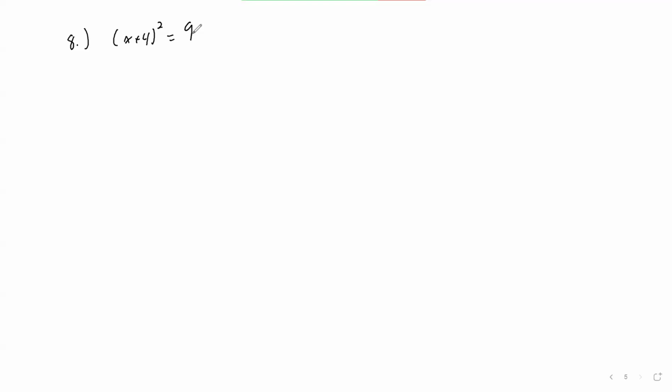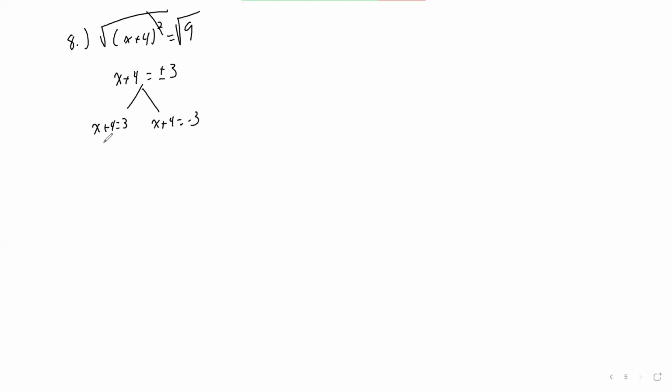So what we're going to do here is I want to get rid of that square. So I want to take the square root of both sides. When I do that, again, the square and the square root cancel. I'm left with x plus 4. Remember, we're going to do plus or minus. That's going to be plus or minus the square root of 9, which is 3. I then set each one of these as different equations. x plus 4 equals 3, and x plus 4 equals -3.